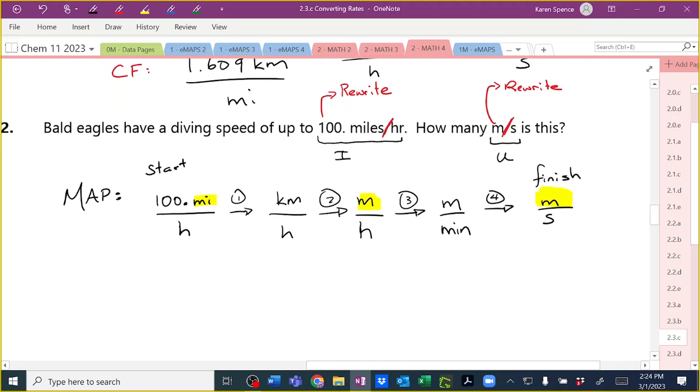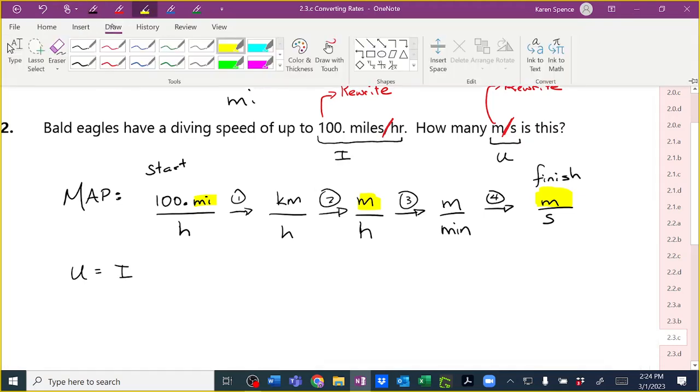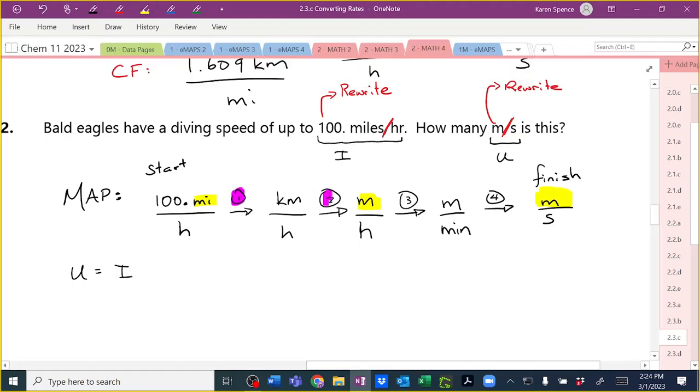Again, we want to write down our unknown is equal to our initial quantity. How many conversion factors are we going to be using? We're going to be using 1, 2, 3, 4 conversion factors.